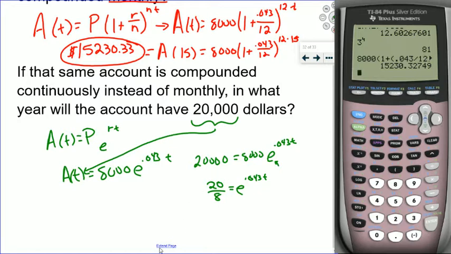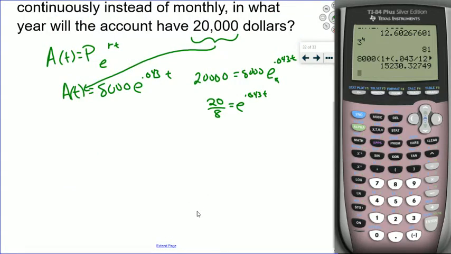As a matter of fact, I think I will, because it's easier to write 5 over 2. So now that we got this by itself, we want to rewrite it as a logarithm. So logarithm base e is ln of 5 over 2 equals 0.043 t.